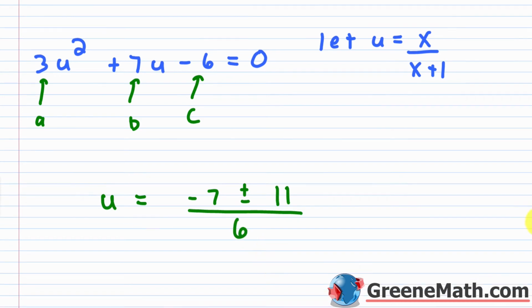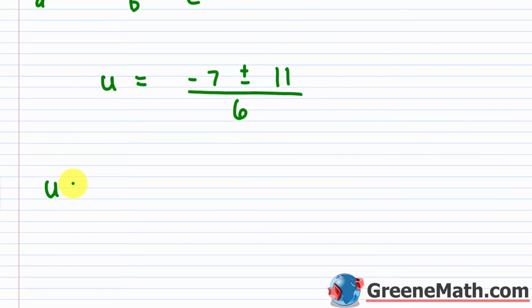So u will have, again, two solutions. u will be equal to negative 7 plus 11, which is 4 over 6. So 4 over 6, we know, is 2/3, right? You can divide each one of those by 2. You would get 2/3 there. Then alternatively, you've got negative 7 minus 11, which is going to give me negative 18 over 6, which is negative 3, okay?